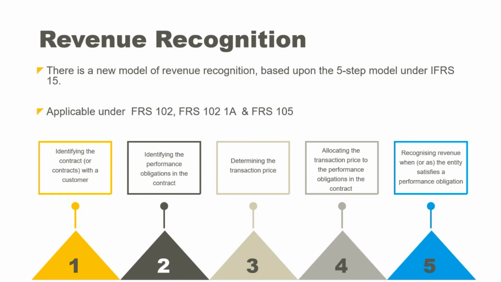Step 2 is potentially the trickiest step of the 5. It's identifying the performance obligations in the contract. So performance obligations are those promises to provide goods or services to the customer within a contract. So you could have a contract that has multiple performance obligations within it. Step 3 is determining the transaction price.